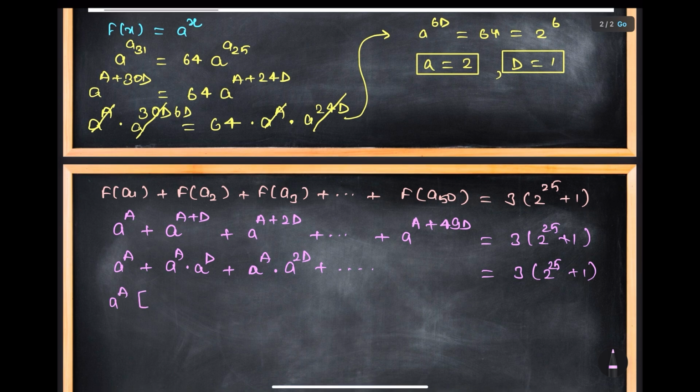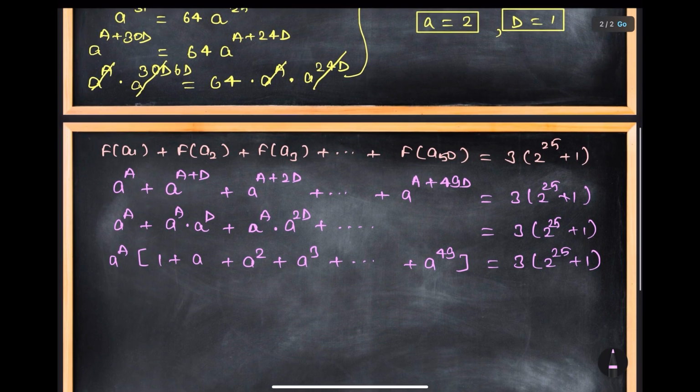So a power capital A common, we will be left with 1 plus a power D. So who is D? D is 1. Then a power 2D. Then a power 3D. Then a power 49D. So it is 49. Right? Now 3 times 2 power 25, sorry, plus 1. Now be super slow.